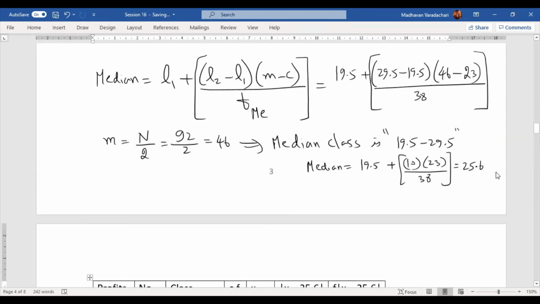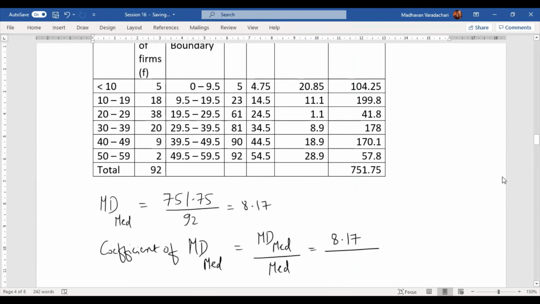We calculated 25.6. So that will give us 8.17 divided by 25.6. We get 0.32, because you are getting 0.3191 something. I'm rounding it off to 0.32.